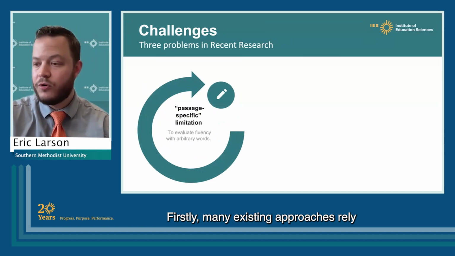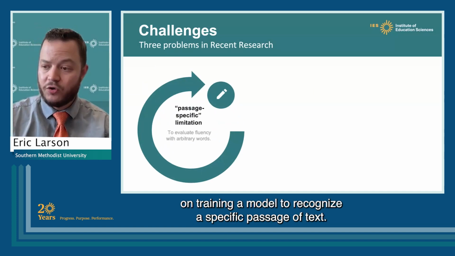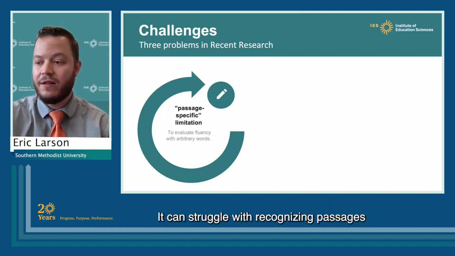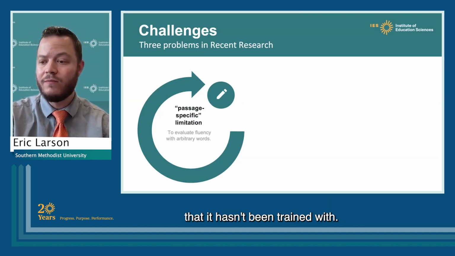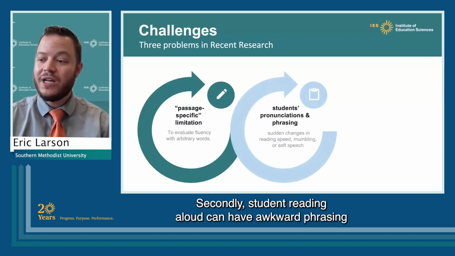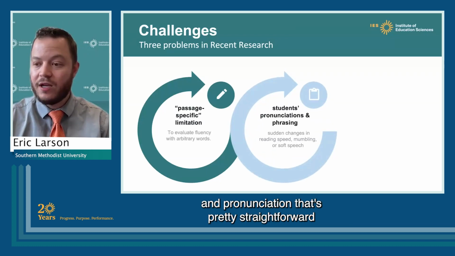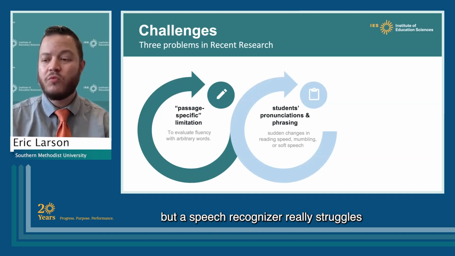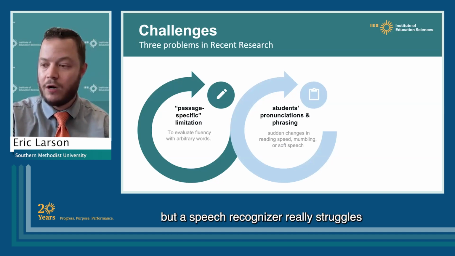Firstly, many existing approaches rely on training a model to recognize a specific passage of text. It can struggle with recognizing passages that it hasn't been trained with. Secondly, students reading aloud can have awkward phrasing and pronunciation that's pretty straightforward for a human listener to understand, but a speech recognizer really struggles with those types of errors.